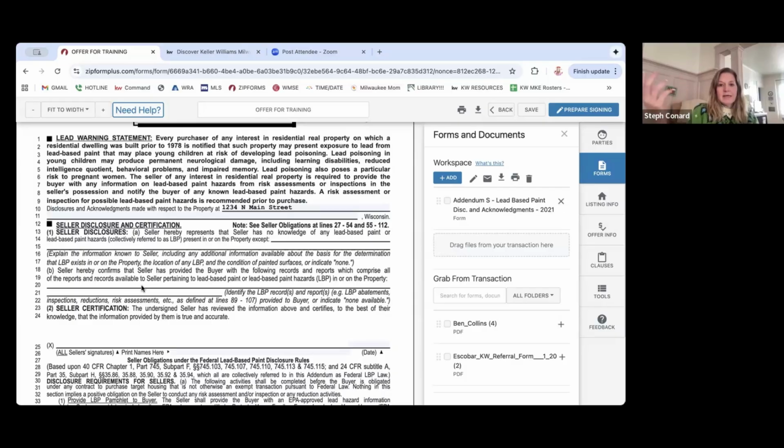So 9 times out of 10, a seller might be indicating none here on line 14 and none on line 20. Again, even though it's a home built prior to 1978, and there likely is lead-based paint under layers of other paint, they technically do not have knowledge of it because they did not have it physically tested.